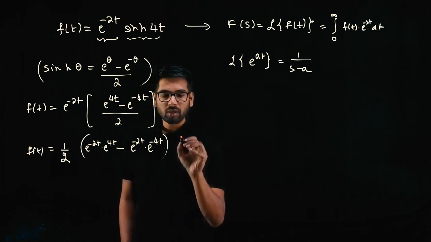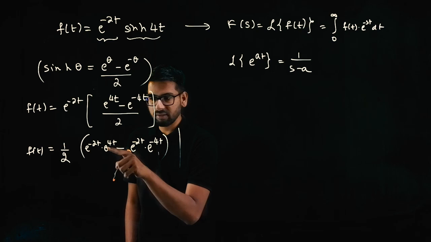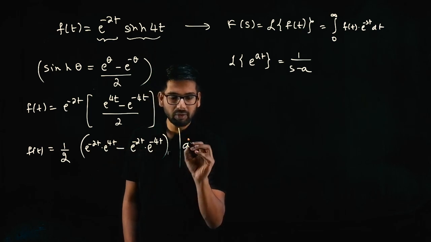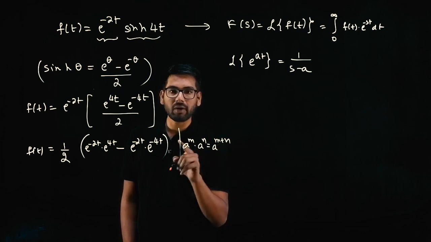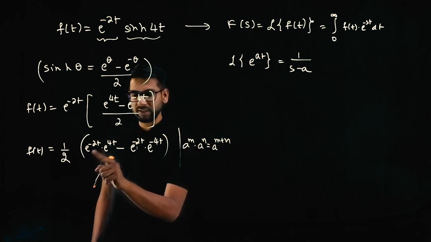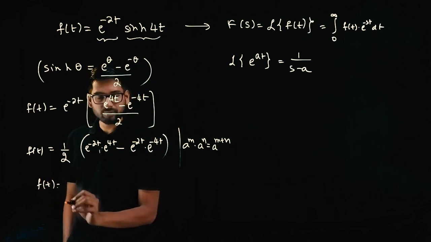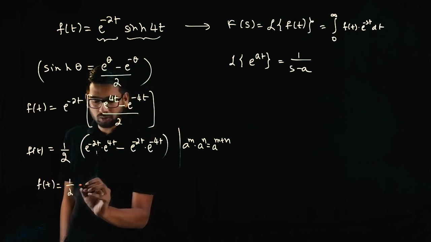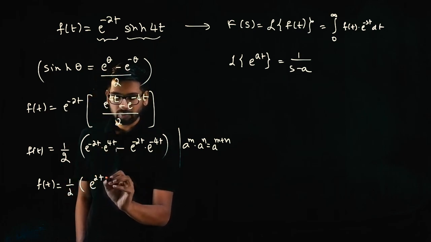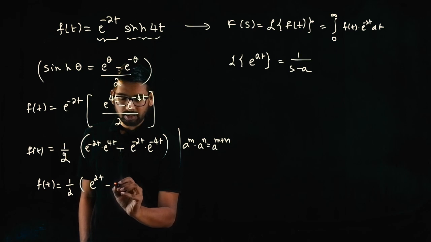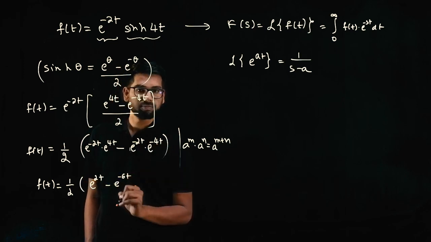Now at this point we know a law of exponents: if you have the same base with different powers multiplied, a power m into a power n is nothing but a power m plus n. The powers get added. Using that law, I can write this as 1 over 2 times e power plus 2t, since minus 2t plus 4t is plus 2t, minus e power minus 6t, since minus 2t minus 4t is minus 6t.